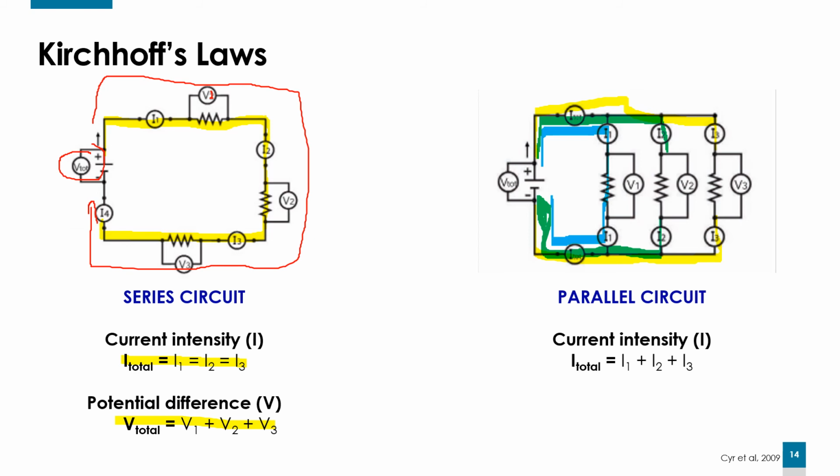So my total current is going to be the sum of my currents, I1 plus I2 plus I3. And the potential difference is going to be the same because it doesn't split, okay? So remember, the current splits, but my potential difference stays the same. So my potential difference is going to be V1 equals V2 equals V3, okay?